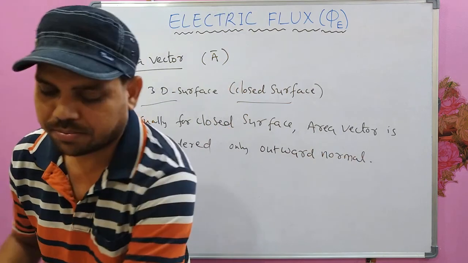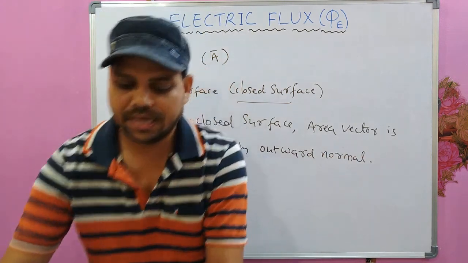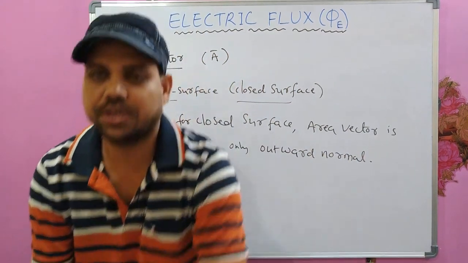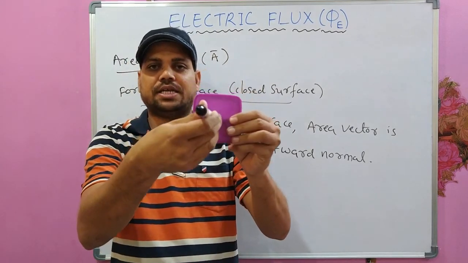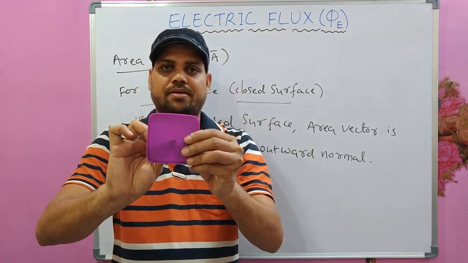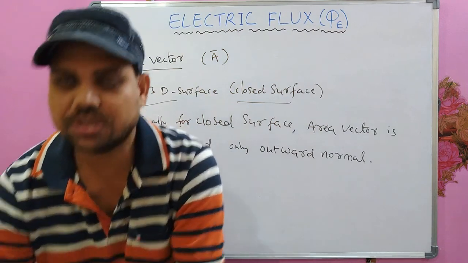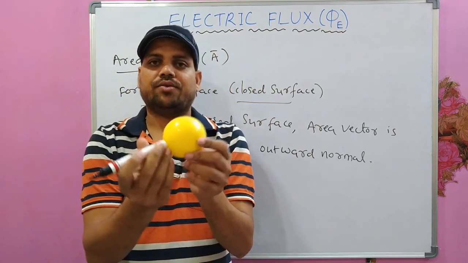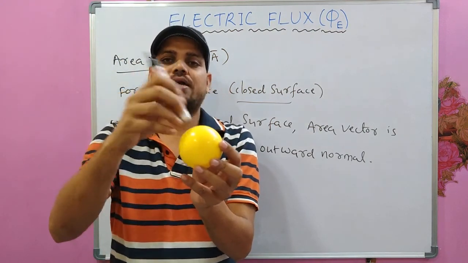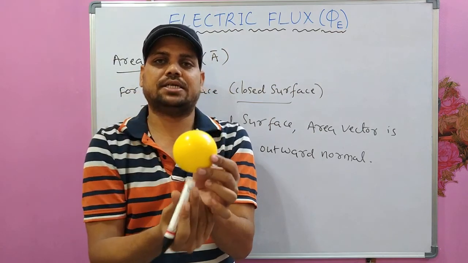Only outward normal, only outward. But in the case of 2D surface, as we have taken, this way is right, this way is right. But for closed surfaces, we take only outward normal as the area vector direction.